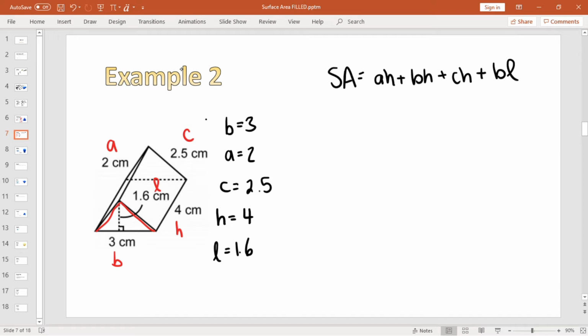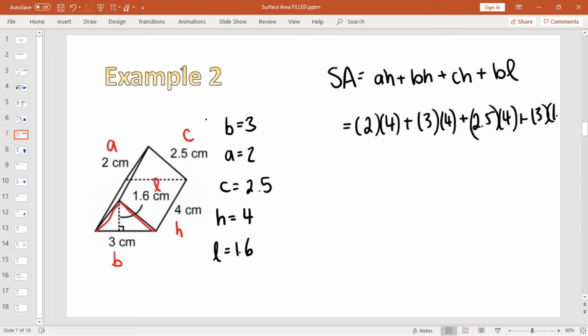Flip my page here so I have room to work. Alright, so let's do some subbing in. A is 2, H is 4, plus B, which is 3 times 4 again, and plus C, which is 2.5 times 4, and then that BL, which is 3 times 1.6.